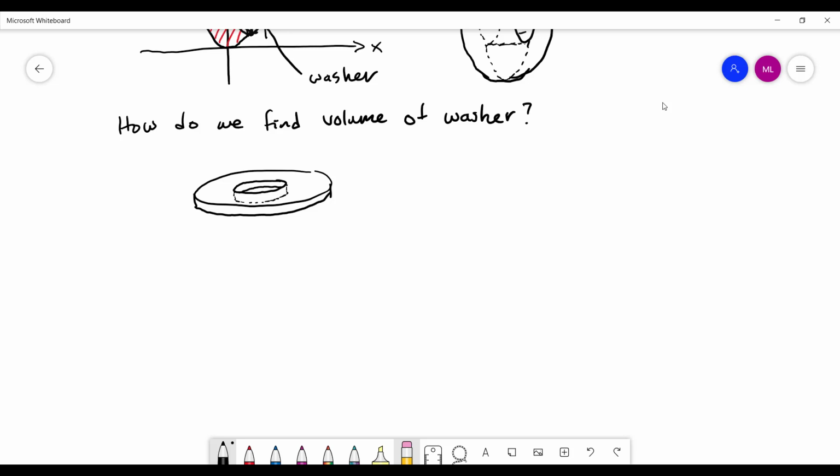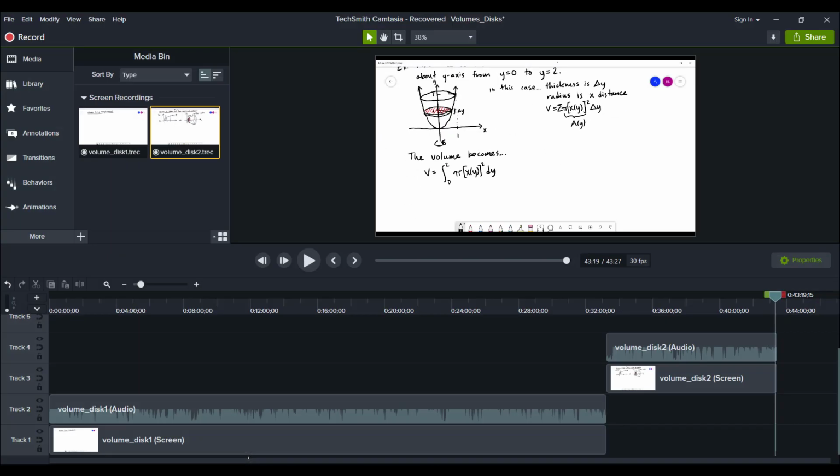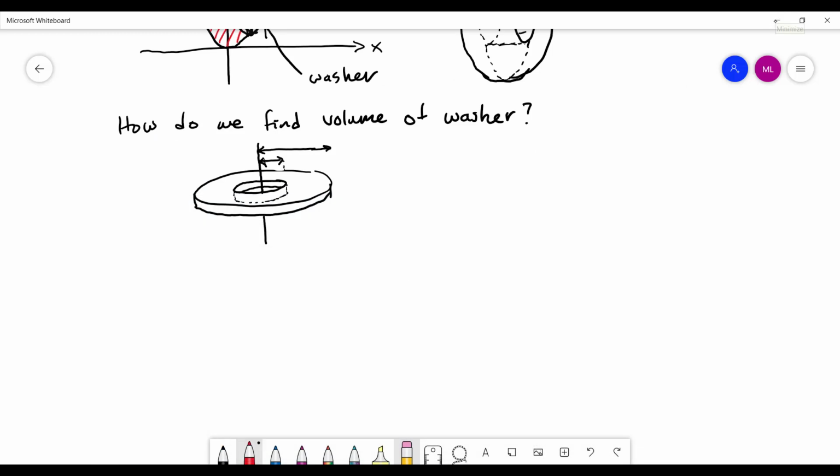The way that we're going to do this is by treating this as the axis that we're rotating about, and I'm going to treat this inner distance as one radius, and then this outer distance. This distance goes down to my inner radius, this distance goes down to my outer radius. I'm going to call the little inner one lowercase r, and the outer big one capital R.